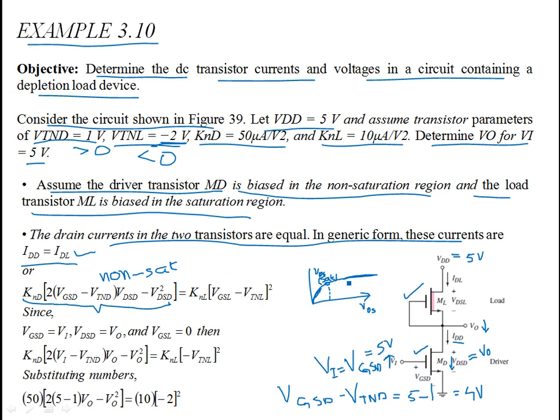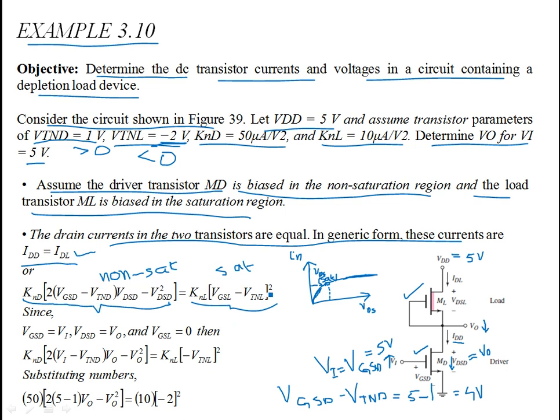Once you have the transistor in saturation, the current is not dependent on VDS anymore; even if you go on increasing VDS, the current doesn't increase. That region is the sat region. Since VGSD is VI, we are just equating these currents to be equal. This is the non-sat IV characteristic.